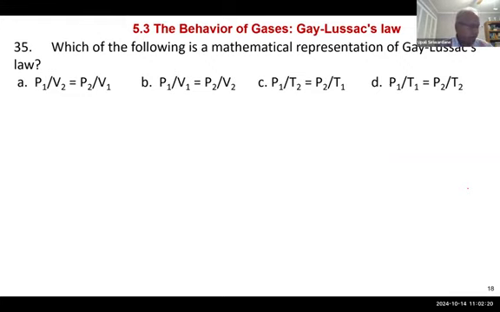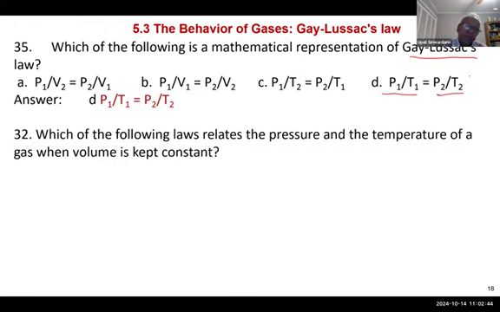Let's see which one represents the Gay-Lussac law. Gay-Lussac law is P1 divided by T1 equals P2 divided by T2. Do you remember that?